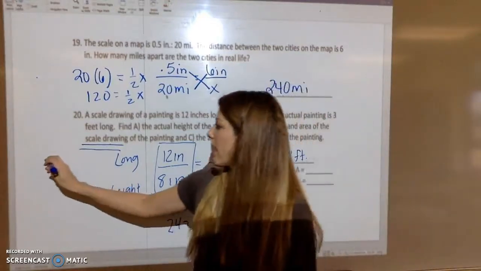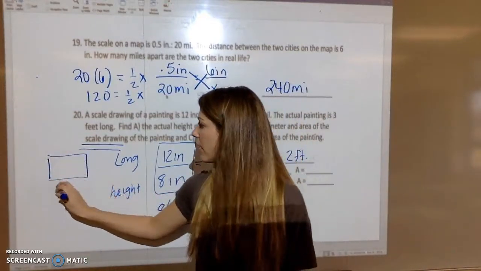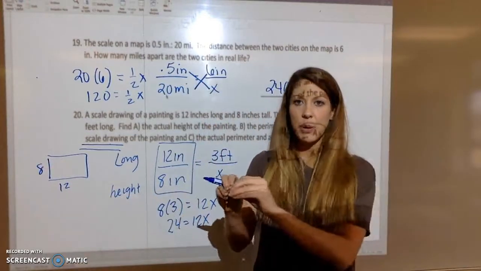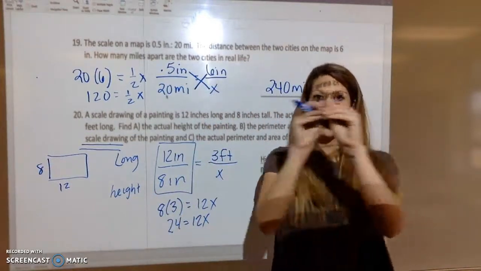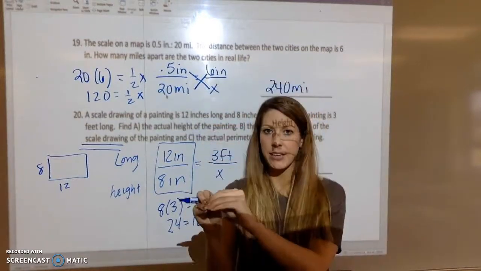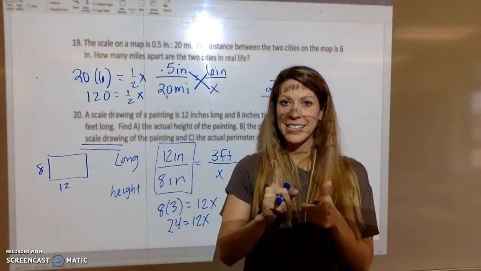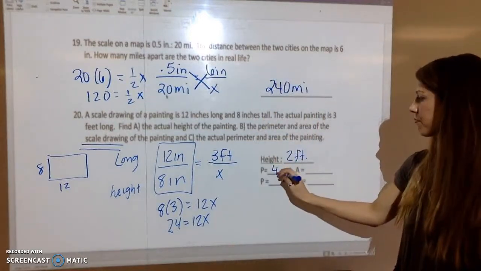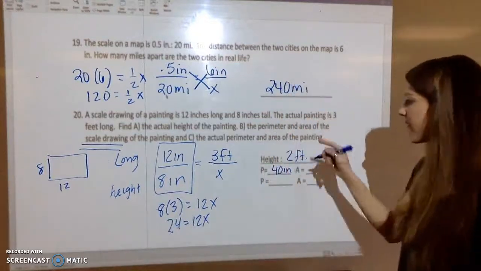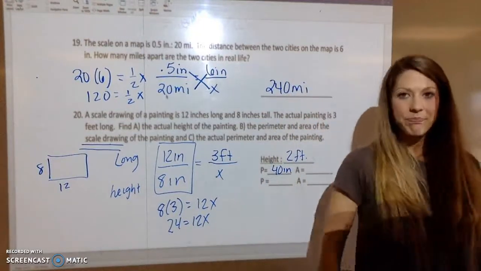Maybe that'll help. So 12 long, 8 tall. All right, so if I were to do the perimeter, so all the way around, we're taking 12 plus 8 plus 12 plus 8. And that is 40 inches. Or you can convert that to feet. So let's see, that would be 3 feet and 4 inches.